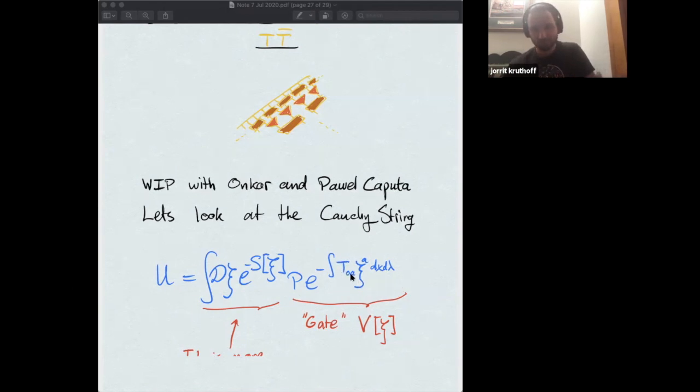So it is implementing a certain change of coordinates that you could associate with a build-up of a tensor network, a continuous tensor network.